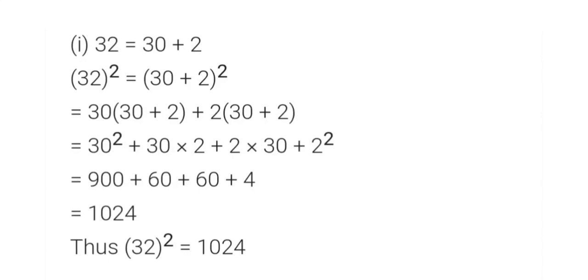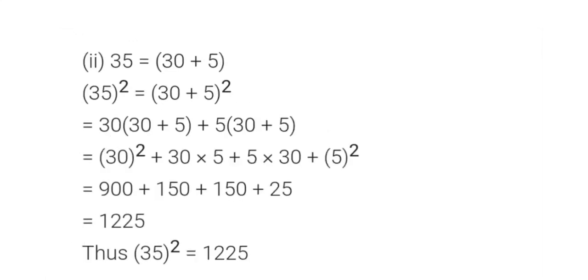Now this we can write as 30 plus 2 in bracket, times 30 plus 2 in bracket. Now open the bracket. So 30 into 30 will come 30 square, plus 30 into 2, plus 2 into 30, plus 2 into 2 means 2 square. So 30 square is 900 plus 60 plus 60 plus 4. Answer is 1024 and this is the square of 32.